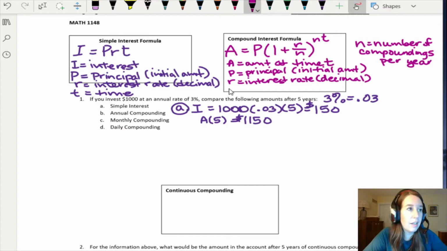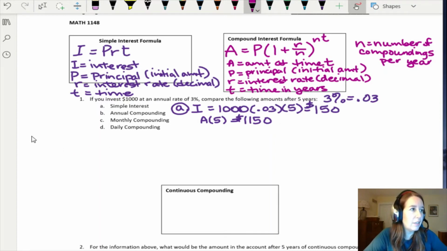And then t is the time in years. So we're going to be looking at something for 5 years. So the time will be 5 still, but it will change because of this n. And so that's really where the change in the formula comes from.